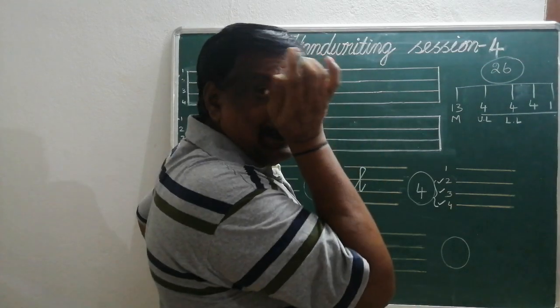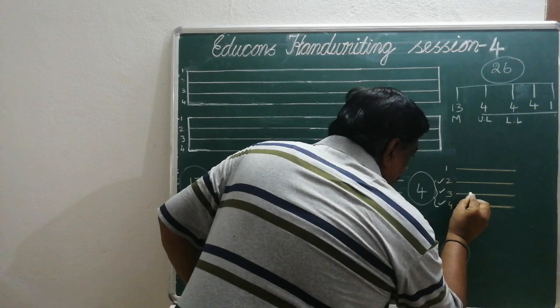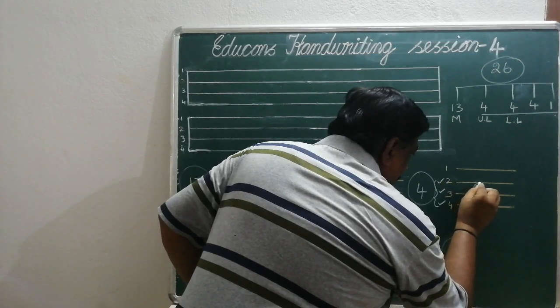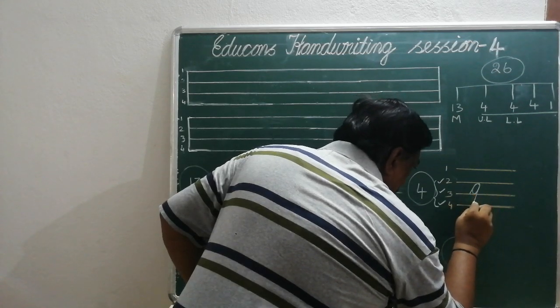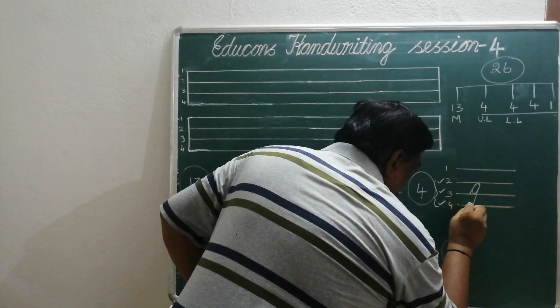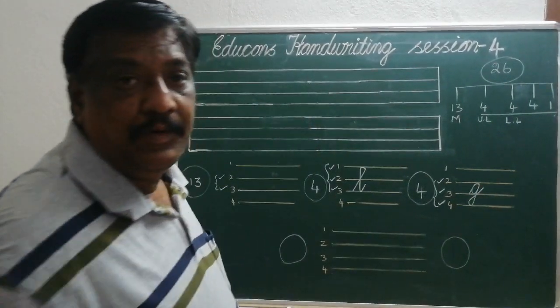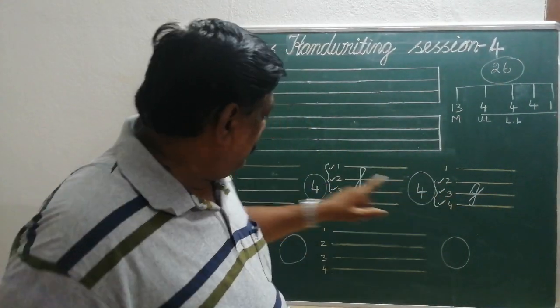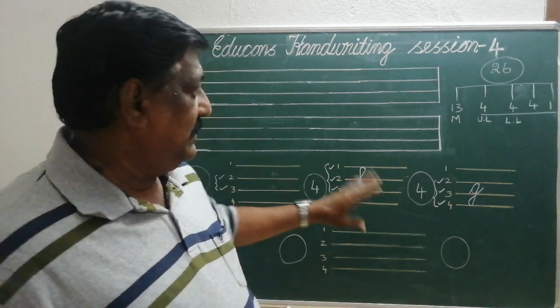Tell me one lower loop letter. I'll take G. See, lower loop. And this is touching 2, 3, 4, but this is touching 1, 2, 3. So there are 4 letters which we will be practicing.